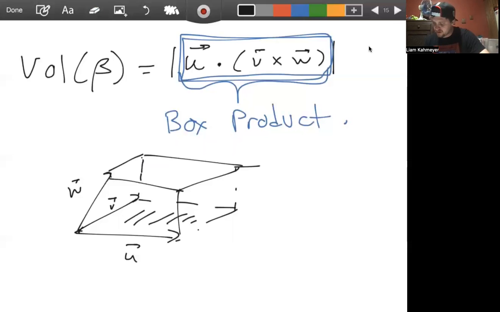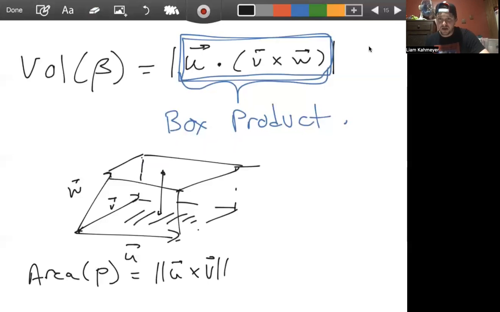Well, the area of the base parallelogram is going to be the magnitude of u cross v, right? And then we need the height. And so we would need to dot that with u, or with w, excuse me.